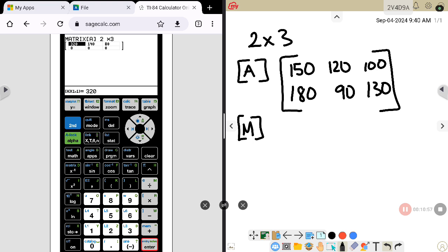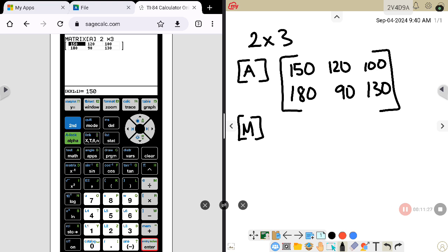So we're going to do our entries. 150 in the first entry. 120. 100. So there's my first row. The second row is 180, 90, and 130.